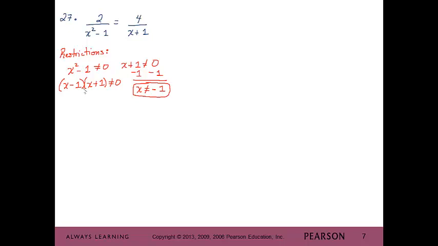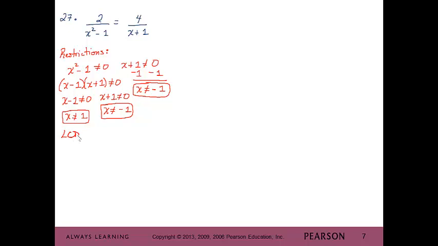Now we can go back to the first. Using the zero product principle again, we can say x minus 1 cannot equal 0, and x plus 1 cannot equal 0. So this is saying x cannot equal negative 1, the same as this. And this one is saying x cannot equal 1. So these are our restrictions on our variable.